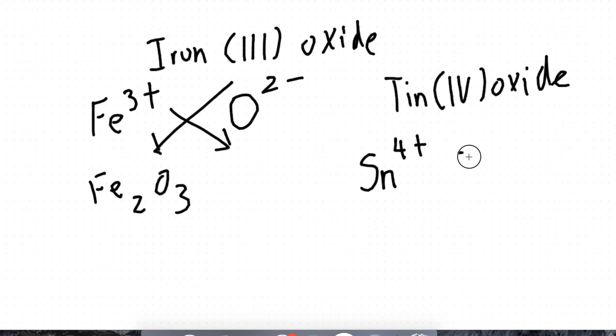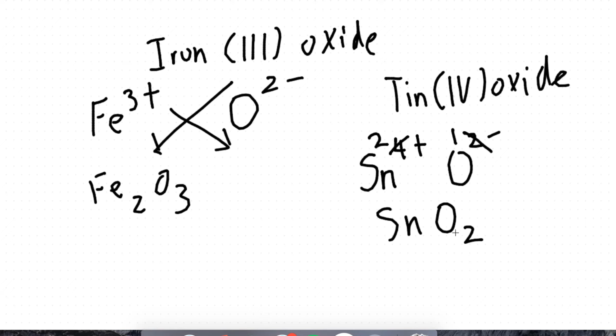Oxide is O2-, so you would cross it again, but guess what, you can actually factorize these two, or you can cancel them because there's a common factor of 2. You get that, guys? Now you cross multiply and you get SnO2.